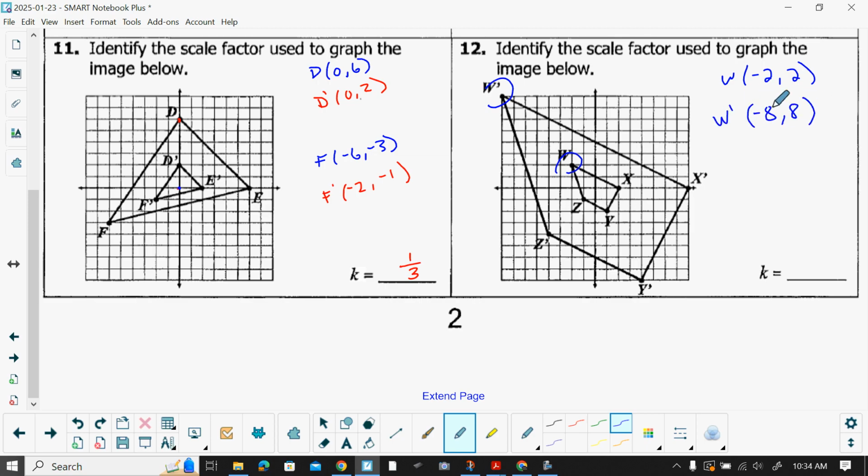That's my new W. What did this one multiply by? Negative 2 times 4, 2 times 4. So what's the scale factor? 4. Okay. All right, so those are the notes for this section, all the ones I'm going to cover.